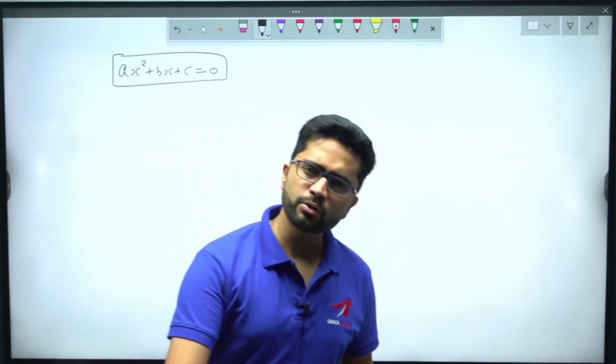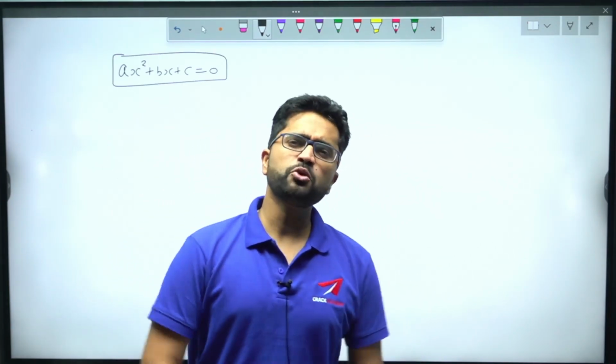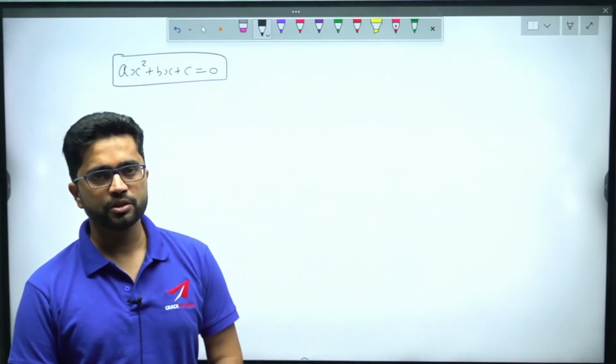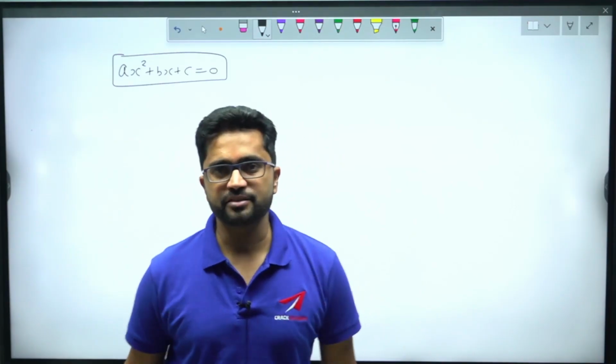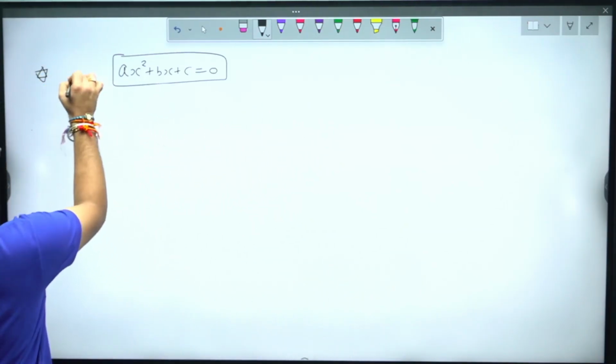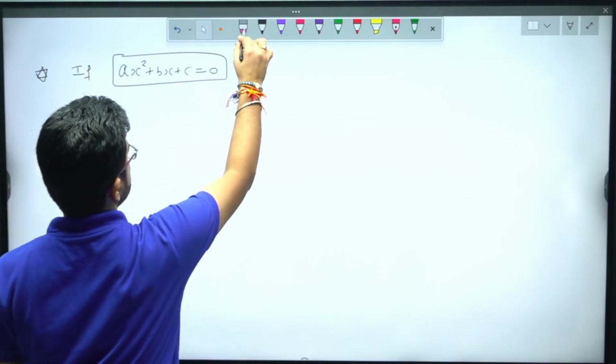A quadratic may have 2 equal roots, so it is true for only a single value. And a quadratic may be true for 2 values. That's it, maximum 2 roots. Now the next thing, check what I'm writing.